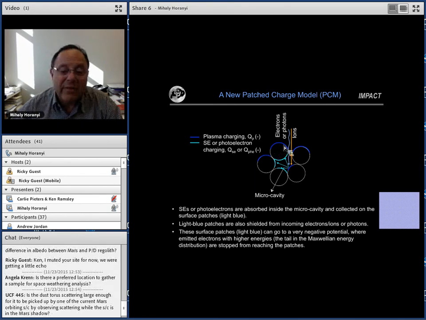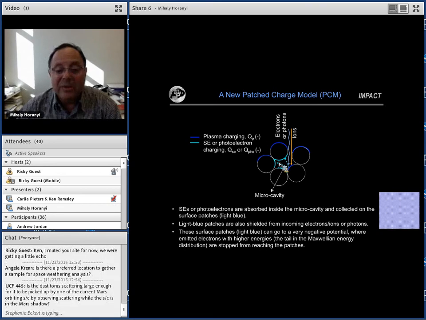So if these are photoelectrons, the top part will be positively charged because of the loss of photoelectrons, and the bottom part is photoelectrons that are coming from its neighboring particles landing, and they will charge the bottom negatively. And then if I have adjacent particles that are similarly charged, the forces between particles and particles can be surprisingly large. And that calculation I can do, and I can show you that it really beats gravity.